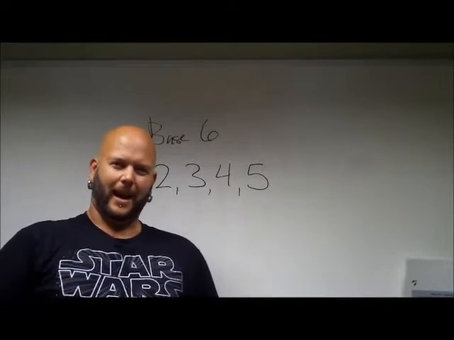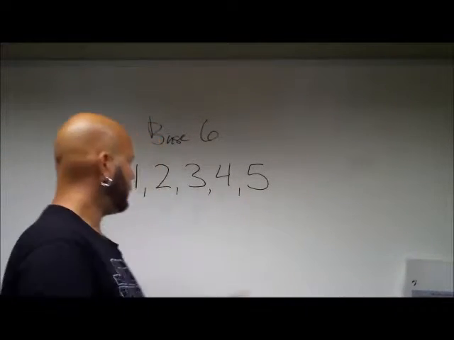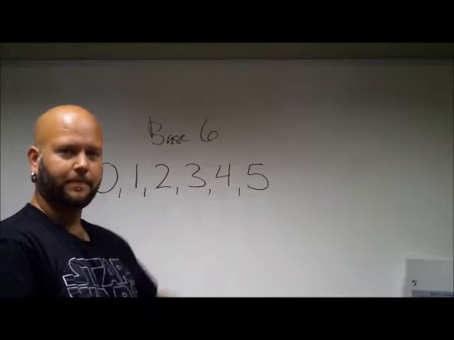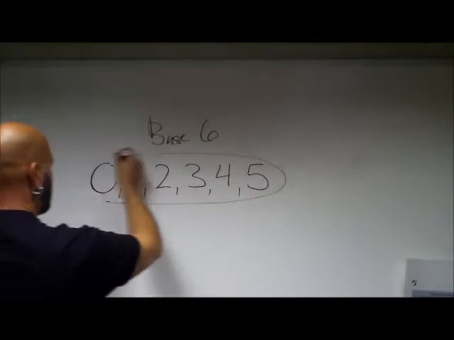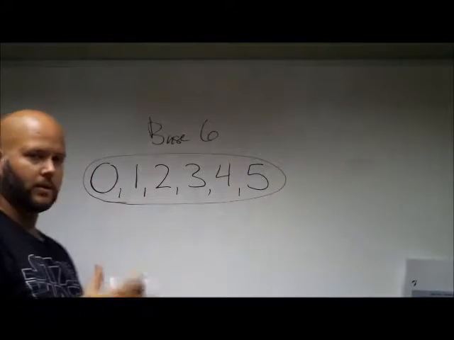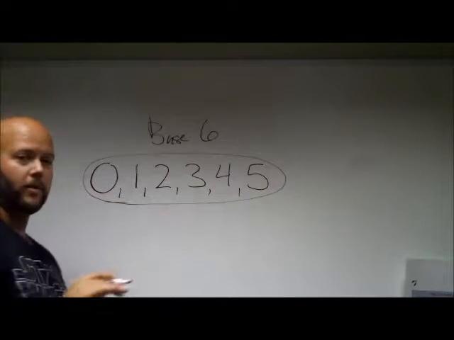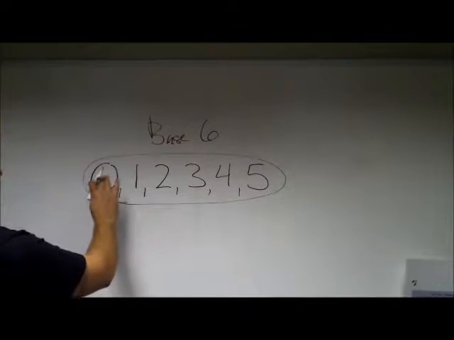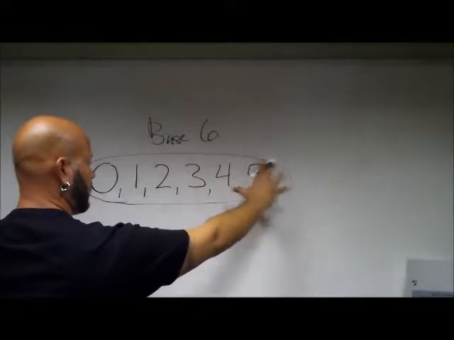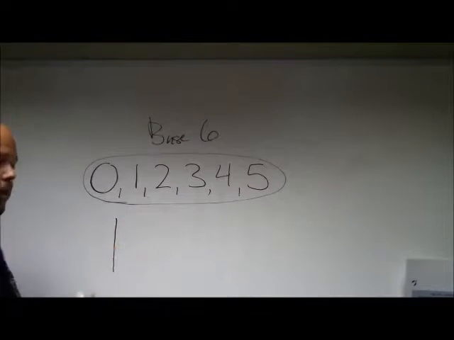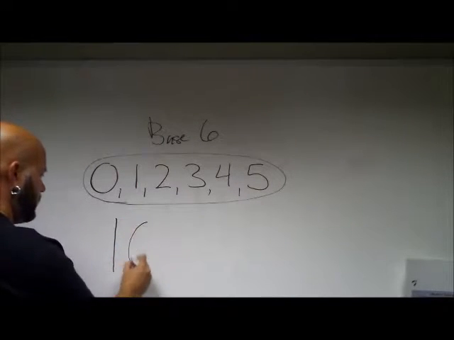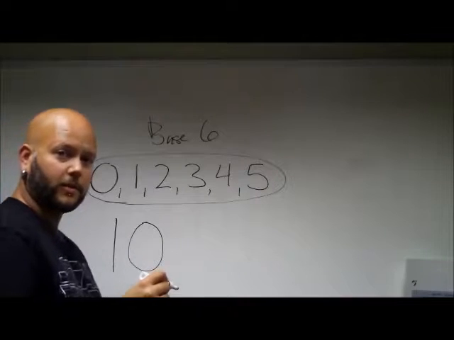So how do I write the number 6 if I don't have 6 as a digit? This whole group of numbers is a whole. So when I want to write 6, 1, 2, 3, 4, 5, 6 numbers is a whole, we'll express that as one whole with 0 remainders.